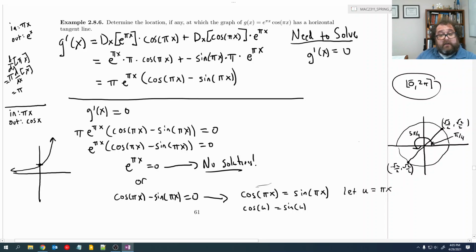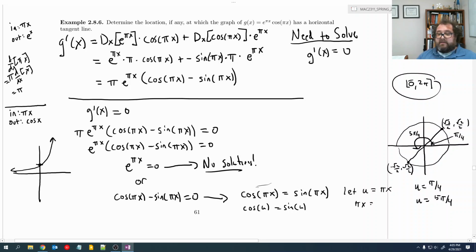But now we're not done yet because those are solutions in terms of u. So u equals pi over 4, and u equals what would you say, 5 pi over 4. But those are solutions in terms of u. We want solutions in terms of x. And so what we do is, okay, if u equals pi x, then let's back substitute for u.